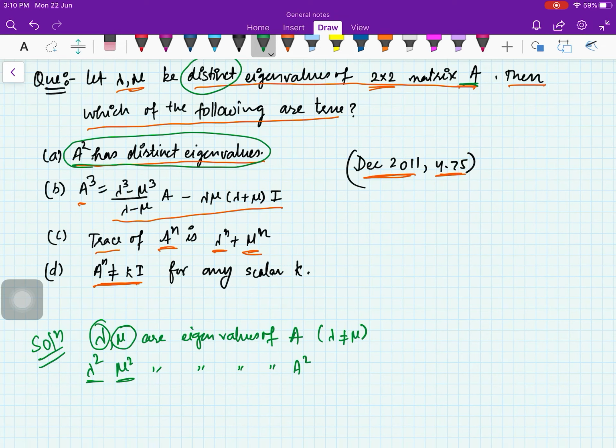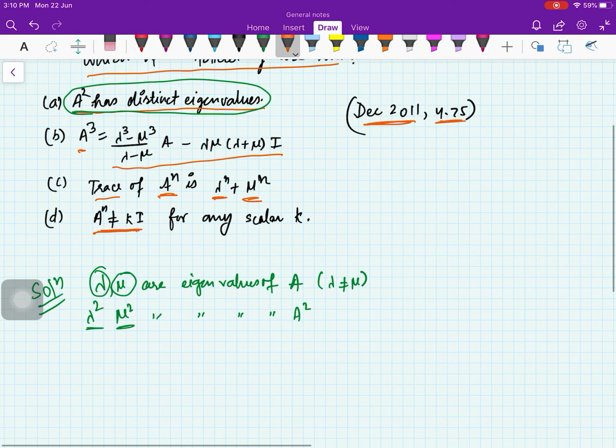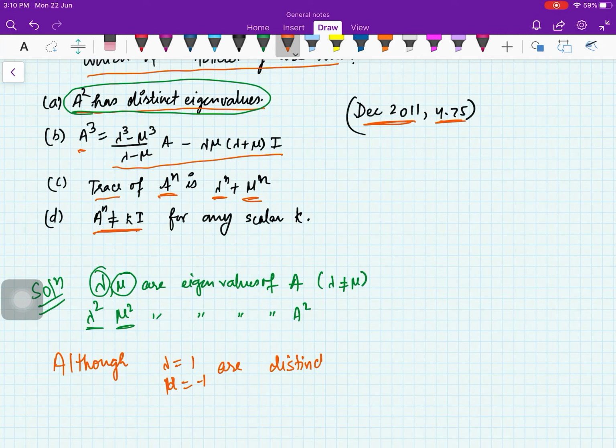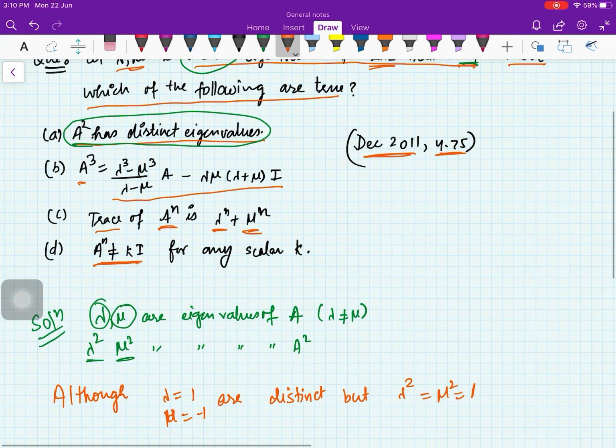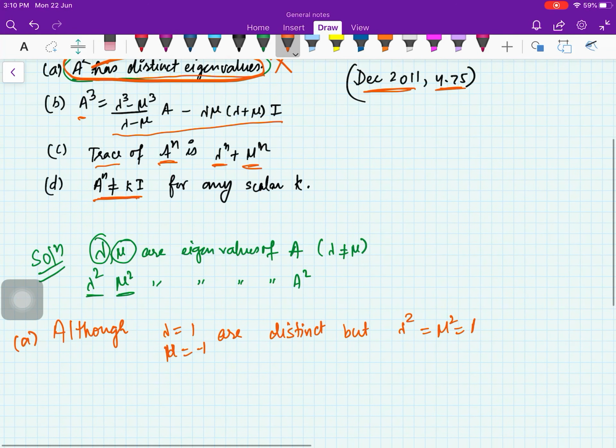Think about it for a moment, and the answer is yes. Let us take lambda equal to 1, mu equal to minus 1. They are distinct, but lambda square is equal to mu square is equal to 1. So the first option is not correct. It is not necessary that eigenvalues of A square will be distinct. So first option is gone.